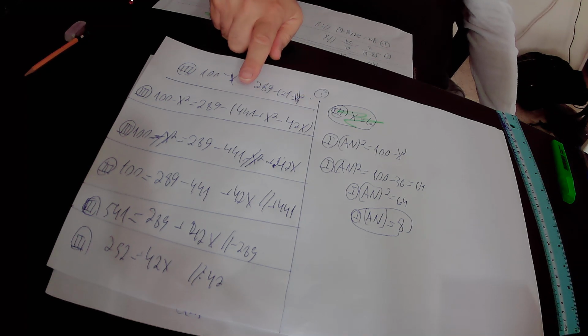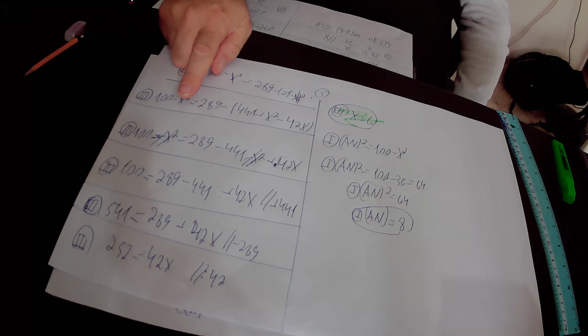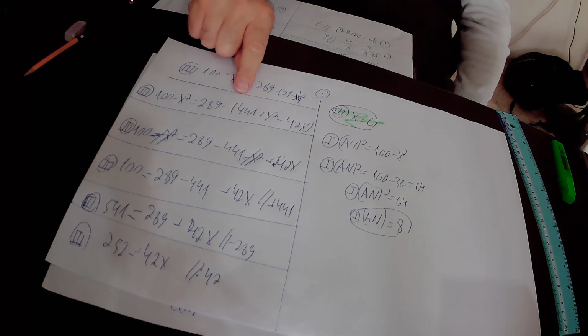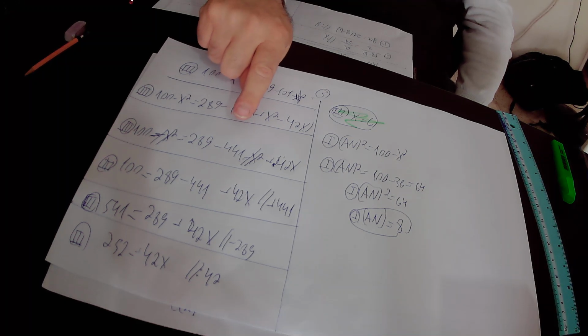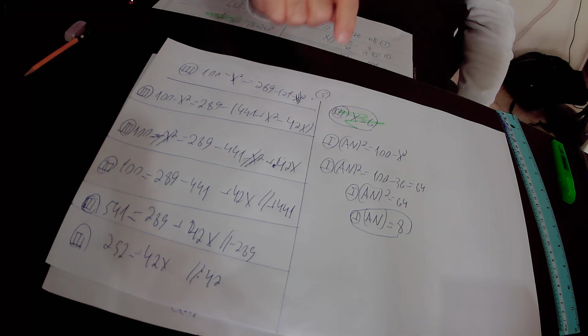Here we open the brackets and finally find that according to equation 3, 100 minus x squared equals 289, and after we open the brackets, minus 441, then minus x squared, and minus times minus is plus, so we get plus 42x.